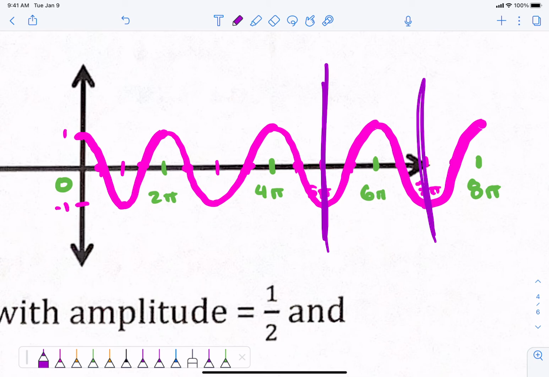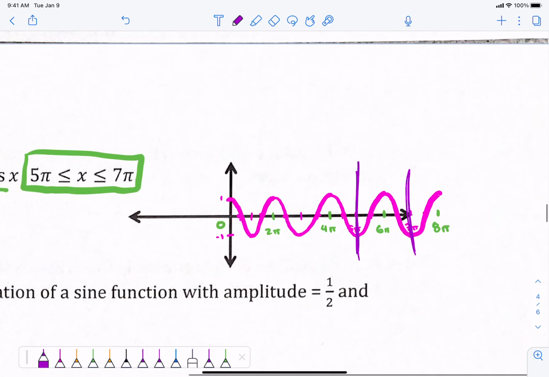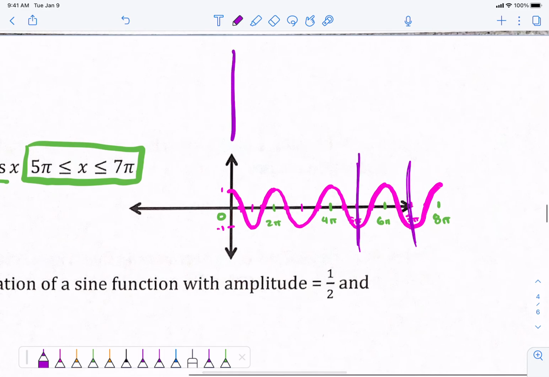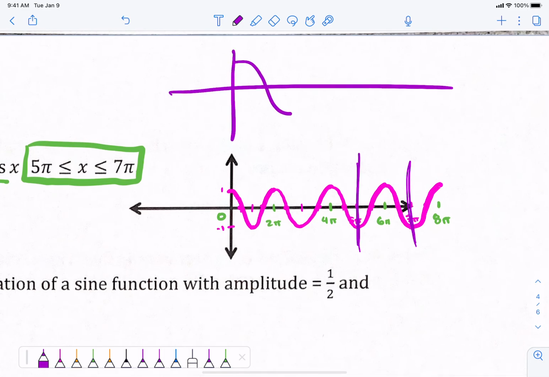Now, another strategy could be, if you're really terrible at following the tick marks, do this. Start with the graph. So this is what cosine looks like.